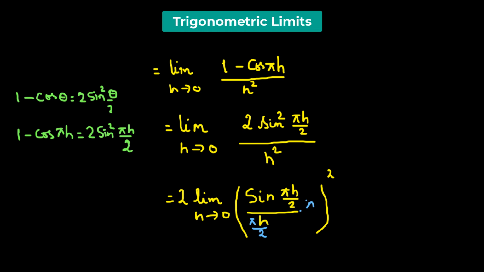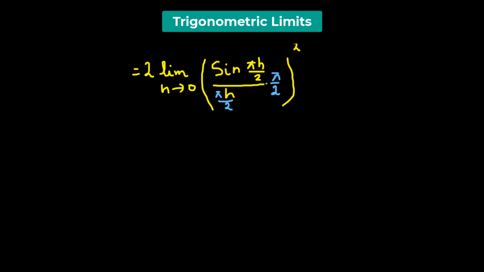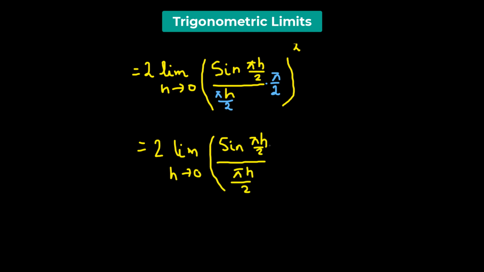That would mean we'd also need to multiply the entire function by pi over 2, so that gives us 2 times the limit as h approaches 0 of sine of pi h over 2 divided by pi h over 2, whole squared, multiplied by pi squared over 4. So 2 times pi squared over 4 is simply pi squared over 2.